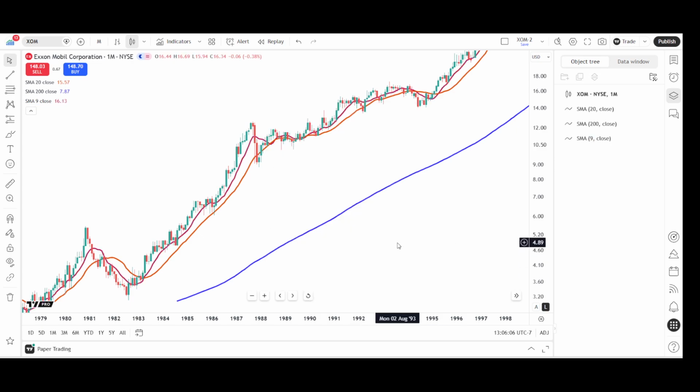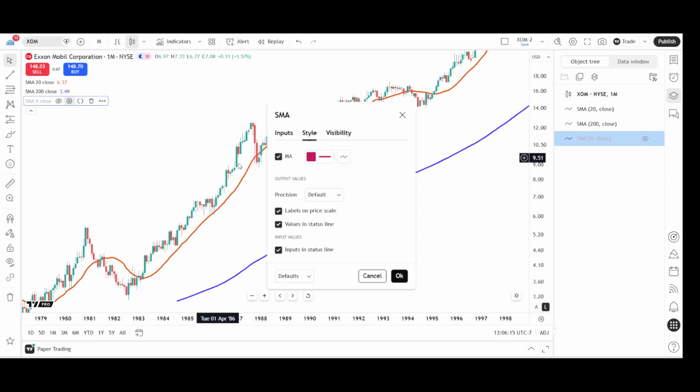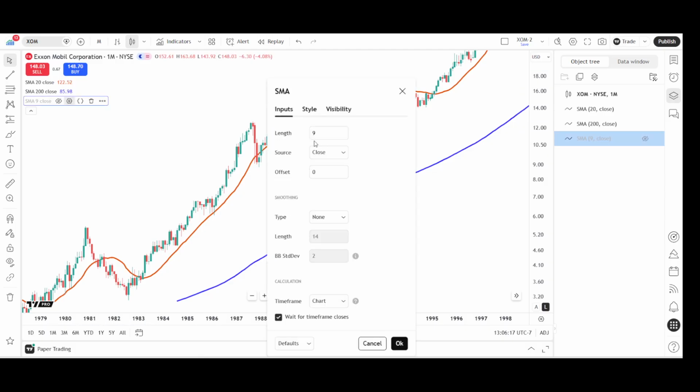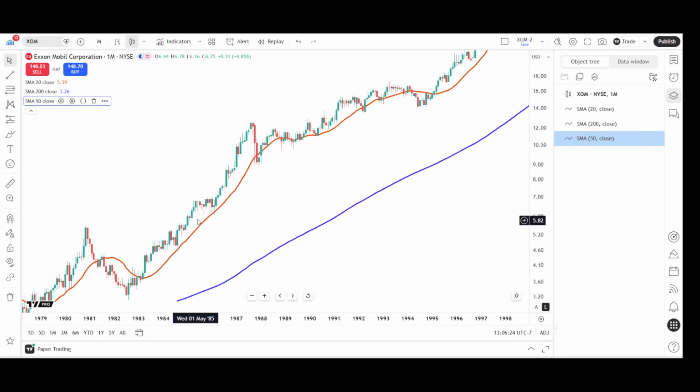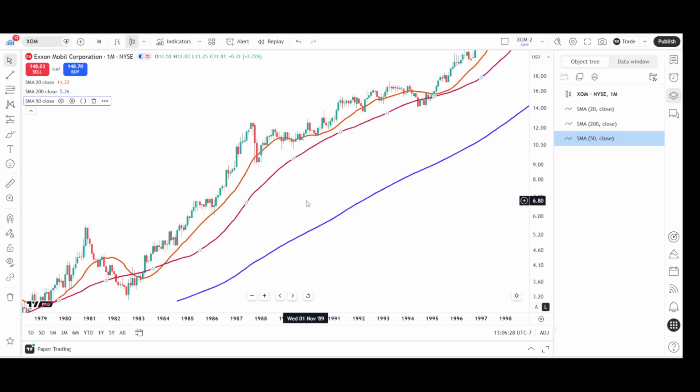And let's just look at how the 50, oops, that's the 9. Let's put that on 50. Anytime you add a moving average, it's going to come in at 9. So that's better. Let's make it visible. Okay, now we're good.